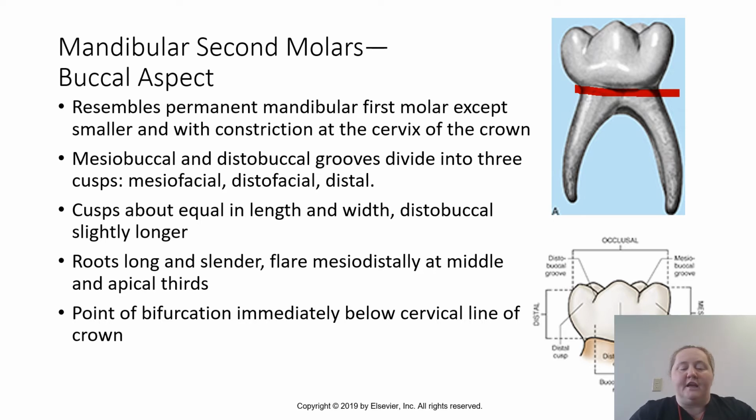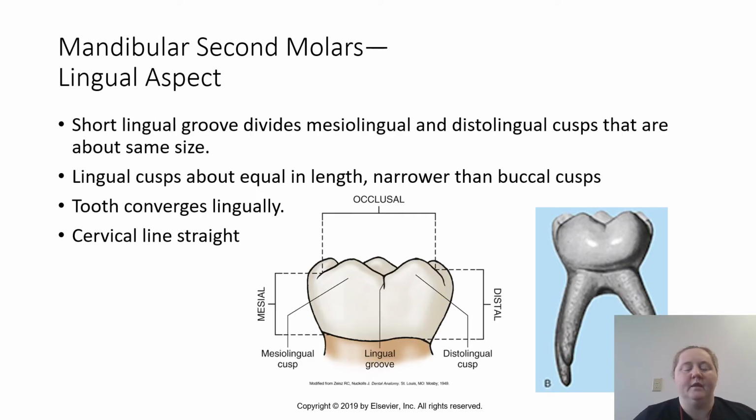The point of bifurcation, again, is right below that cervical crown. And what that means is there's a short root trunk. Okay, that's all that means. And all of the deciduous molars have that. So that's not a differentiating factor, something that makes it different than the others.